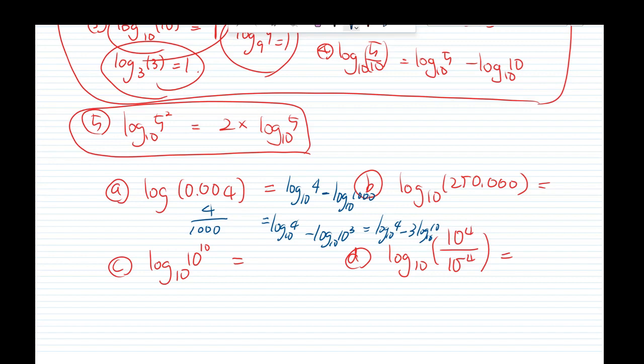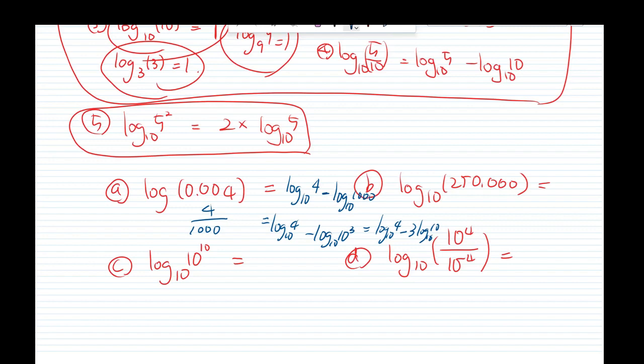Then you can calculate it. If you use a calculator it takes only 1 second, much faster, but for this one I wanted to introduce more properties of the logarithm. That is why.